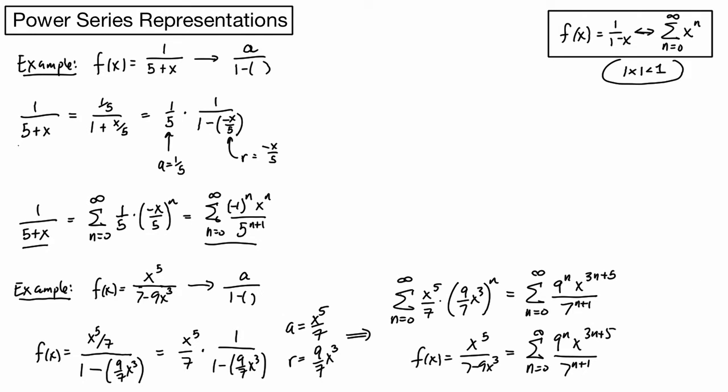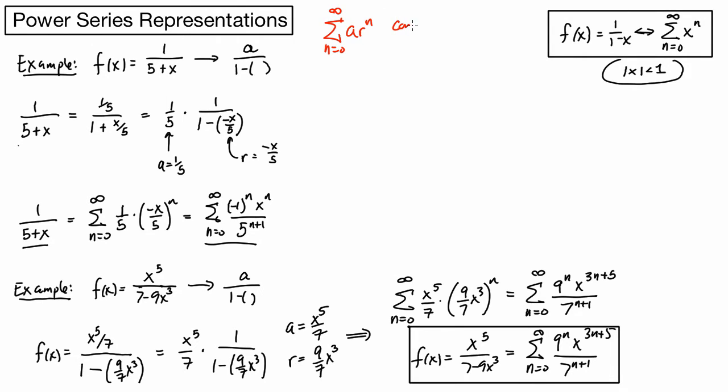Now, the question that we have been sort of avoiding here is what happens to this interval of convergence? So for instance, what I mean by what happens to the radius of convergence is, the radius of convergence here was the absolute value of x less than 1, but here and in general, if you have the sum, n goes from 0 to infinity of a r to the n, this converged when the absolute value of r is less than 1.